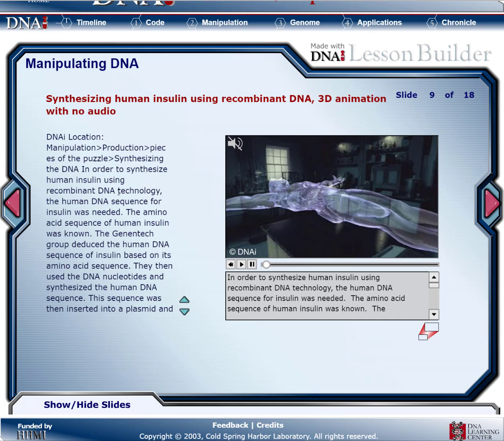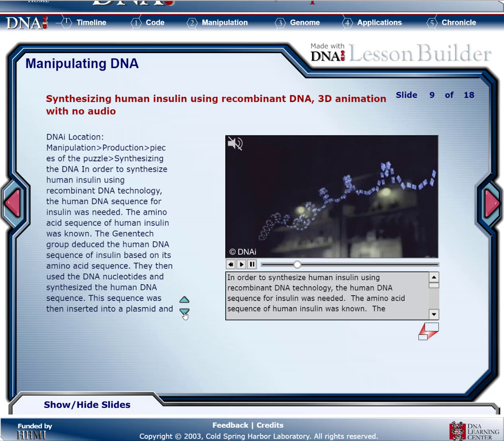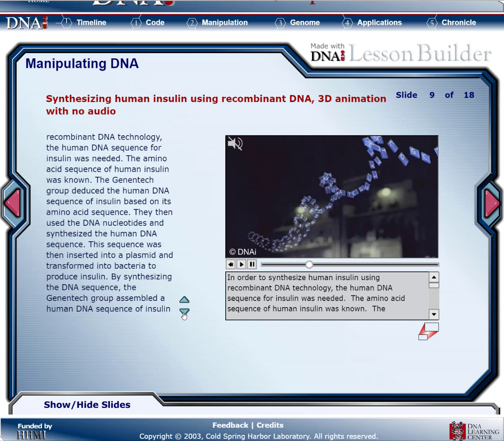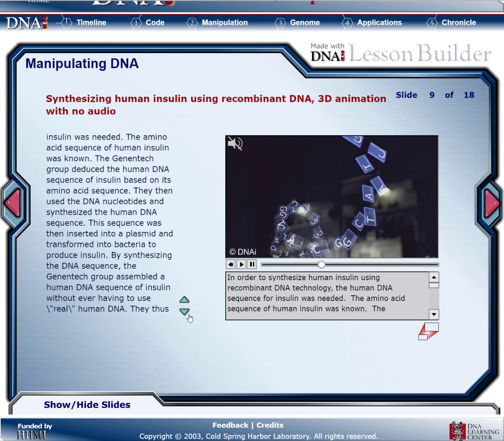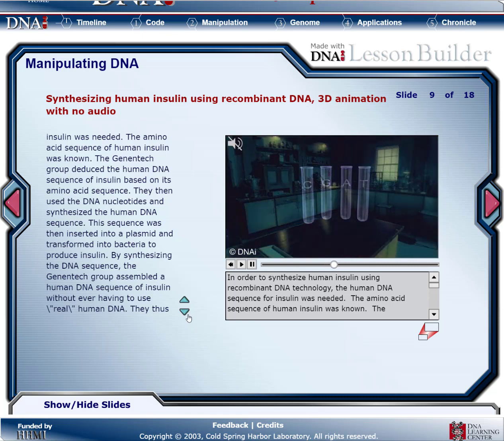So it just says, in order to synthesize human insulin DNA using recombinant technology, the human DNA sequence was needed. The amino acid sequence of human insulin was known. The Genentech group deduced the human DNA sequence of insulin based on its amino acid sequence, and then used the DNA nucleotides and synthesized the human DNA sequence.